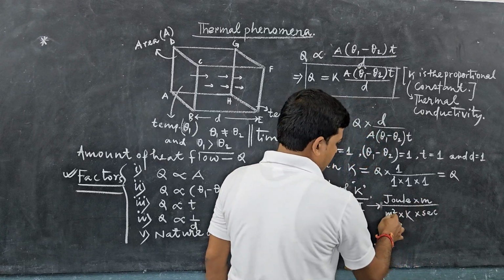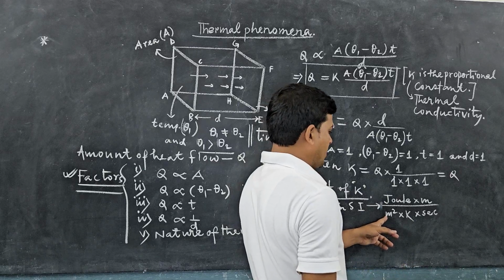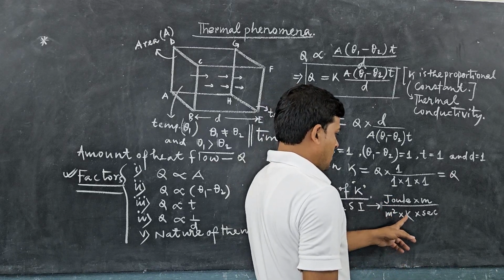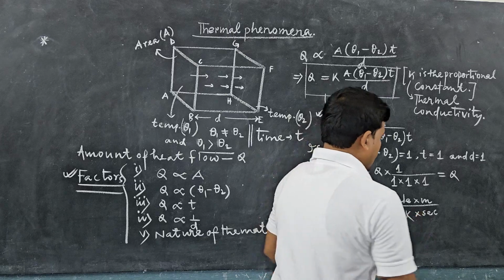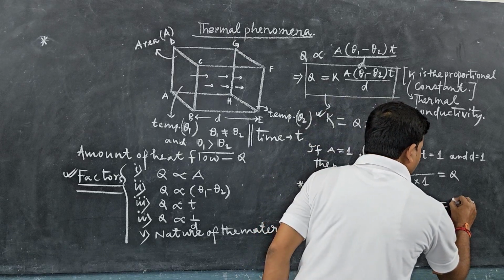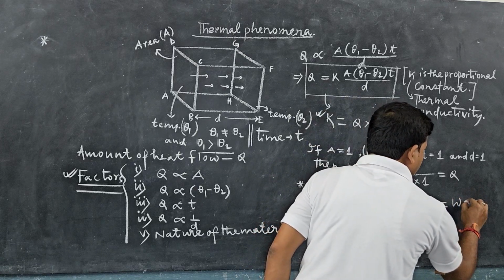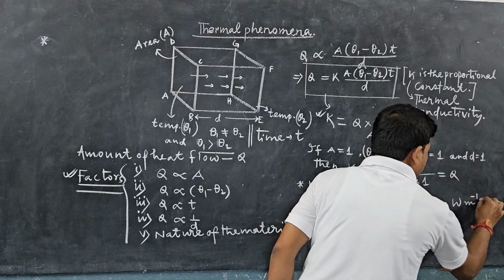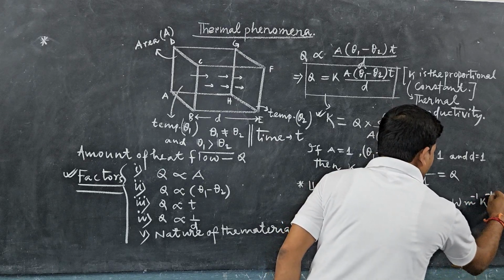Meter and meter square cancel each other, and the remaining part will be joule per meter Kelvin second. Joule per second is equal to watt. So the unit is watt meter inverse Kelvin inverse.